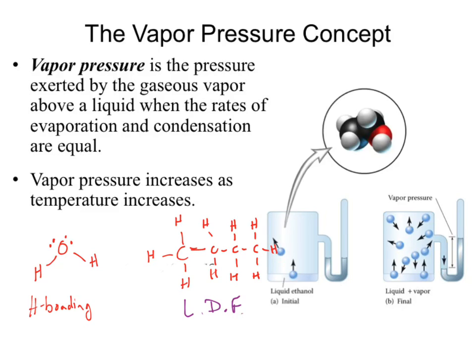Which of those two forces is weaker? London dispersion. Which means for butane to go up in the gas phase, I just have to break an incredibly weak force. For water to go up into the gas phase, what has to happen? Break a much stronger force. Which of these two would I predict have a higher vapor pressure? Butane, the one with the weakest intermolecular forces.